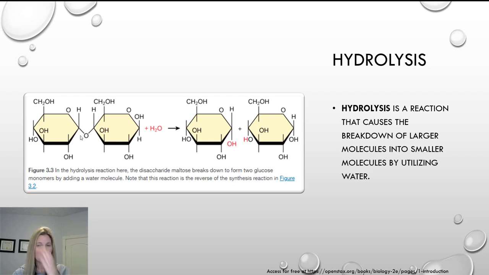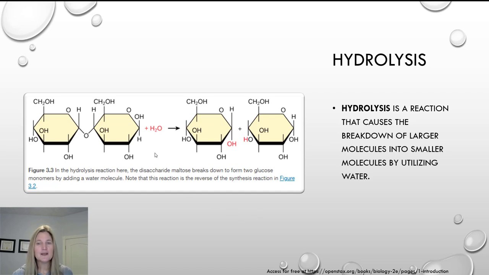Okay, so we'll break that bond, and in doing so, an O and an H from that water molecule will link to the carbon, and the H from the water molecule will link to the other glucose. So now we have essentially separated these two glucoses from each other. Okay, we broke the bond in a hydrolysis type reaction.